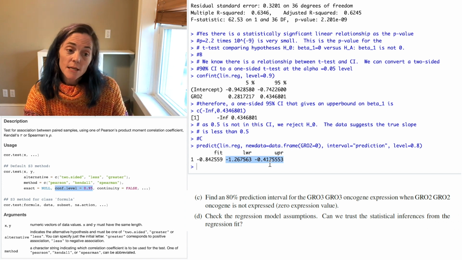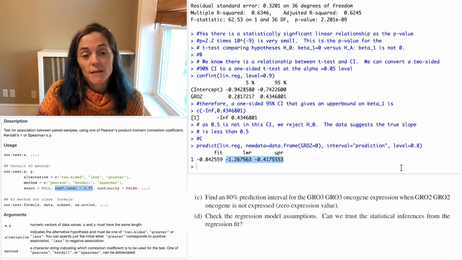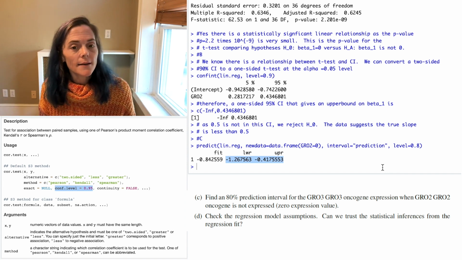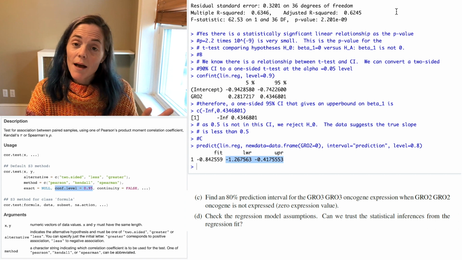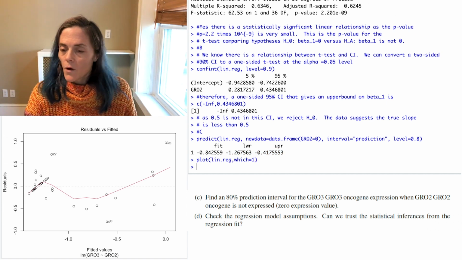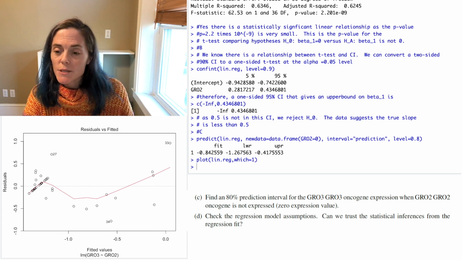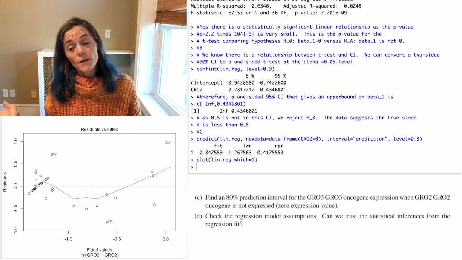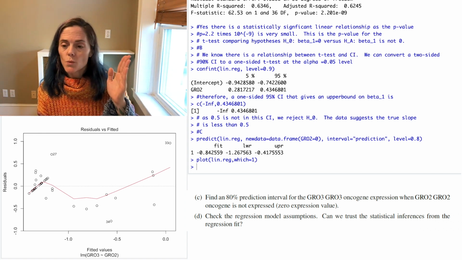Okay, letter D, check the regression model assumptions. Can we trust, well, basically what we have just done? So we have two plots. We also have a Shapiro-Wilk test. Okay, this is a little bit concerning. This is the plot where we have the fitted y values versus the residuals.